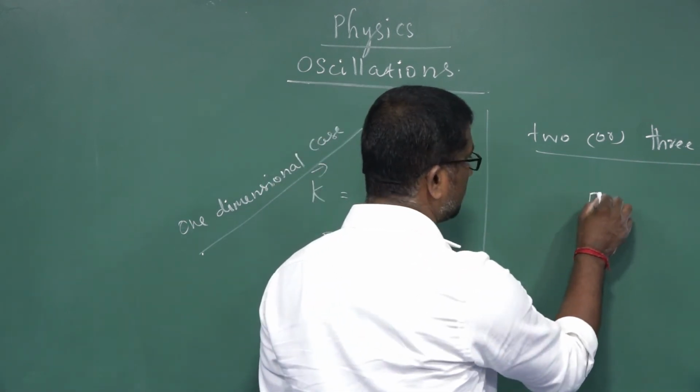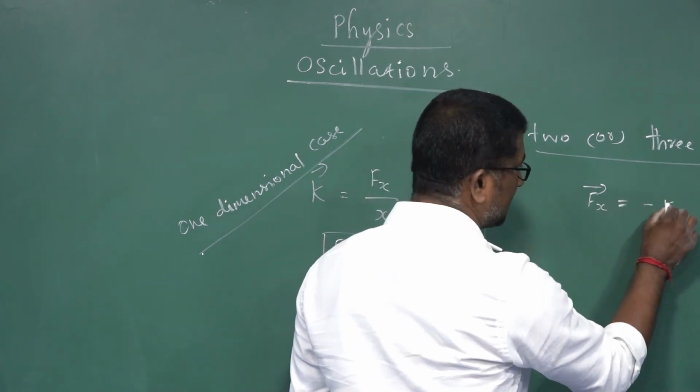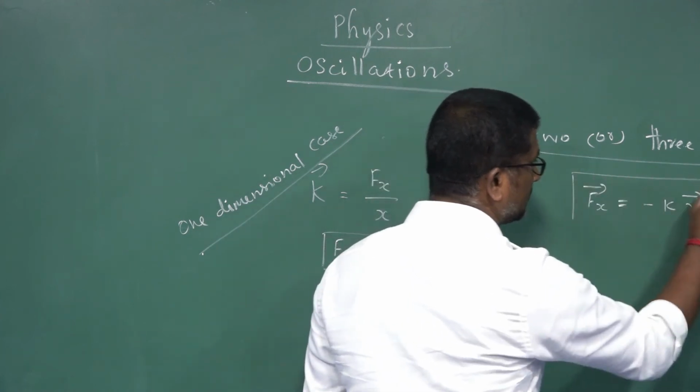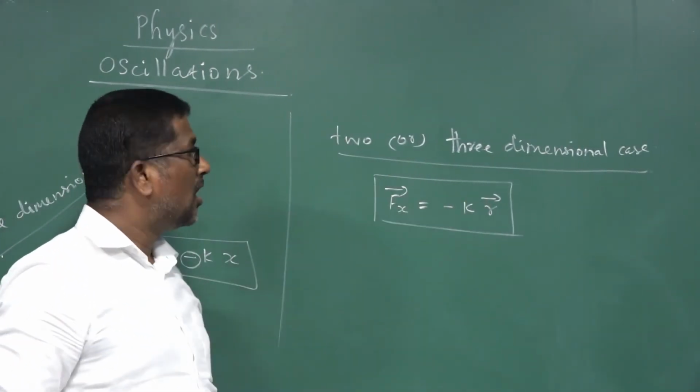That is, F vector is equal to minus k into r vector.